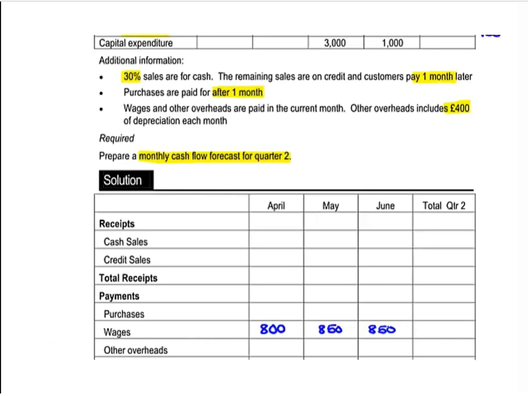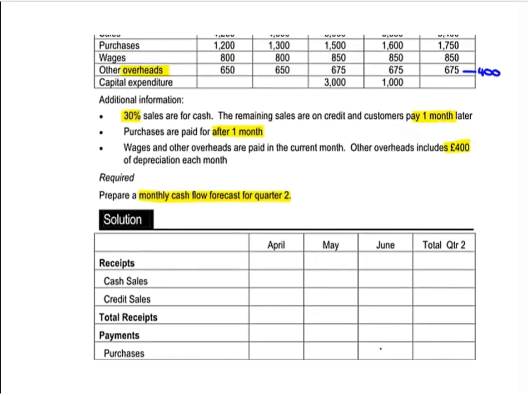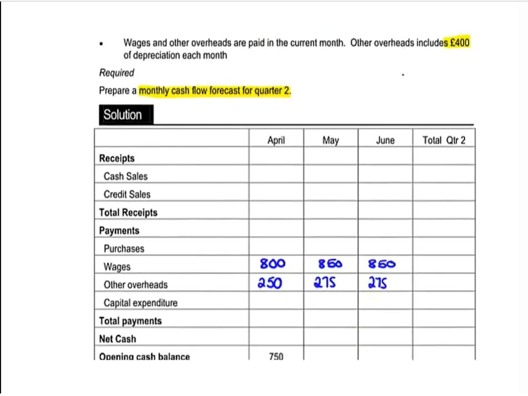So for April, it's $650, take off the $400, so that's $250. And for May, it's $675, less the $400, so that's $275. And the same for June. The capital expenditure, again, is also a figure that we can just copy down. So $3,000 in May and $1,000 in June.